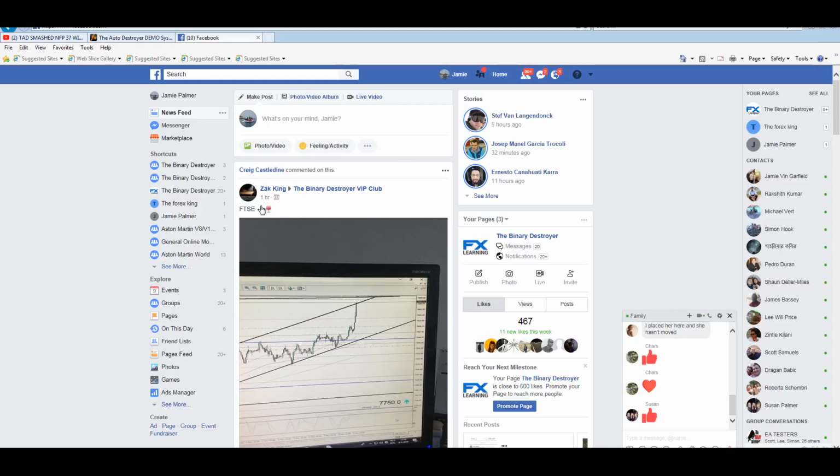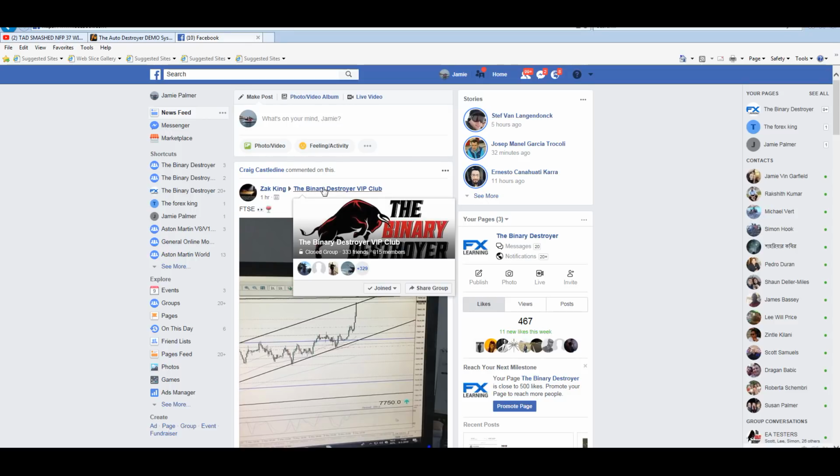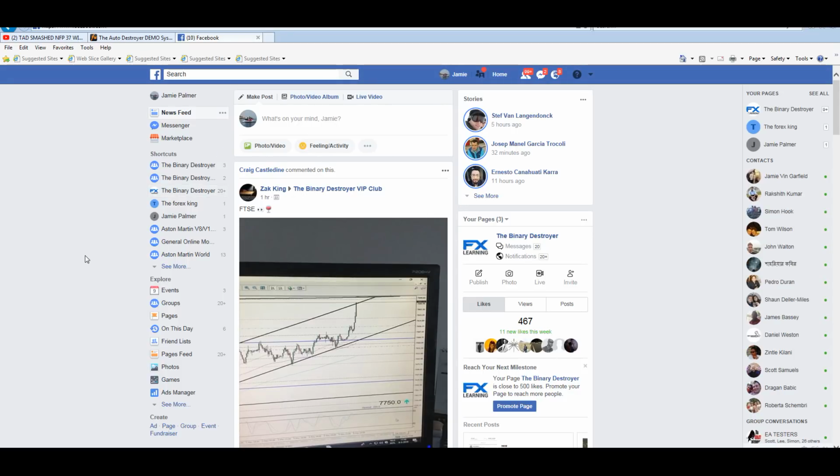So I just wanted to show you the results of TAD, and as you can see, it's still smashing it. It's still making really good gains. We just want to have a tighter stop loss. I want it to build a £500 account, or a £1,000 account.